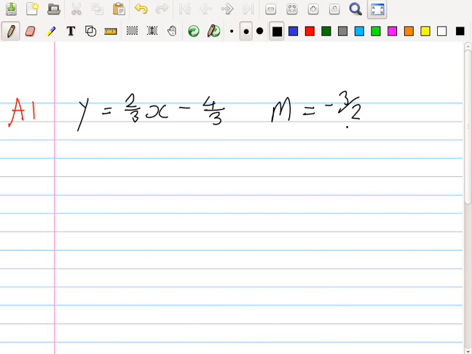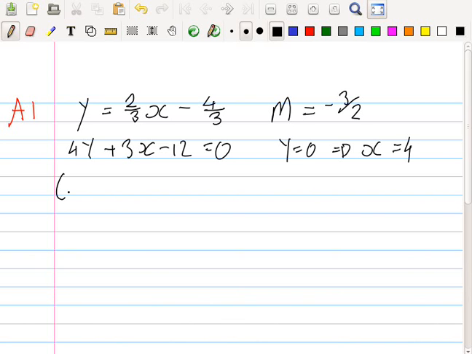Now, he says the point is the same point as the point where this line crosses the x-axis. So how do I find where this crosses the x-axis? Y equals 0. So if y equals 0, that means x must equal 4.